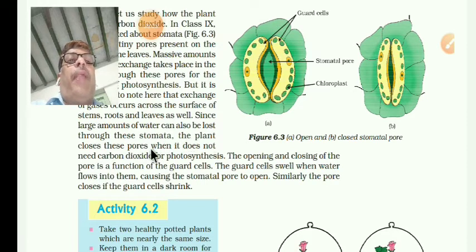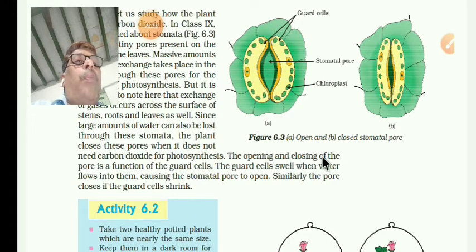The plant closes the stomatal pores when it does not need carbon dioxide for photosynthesis. In desert plants, the temperature is so high that they close the stomata during the day, and at night they open them and take in carbon dioxide. Whenever they don't want carbon dioxide, they close the stomata.